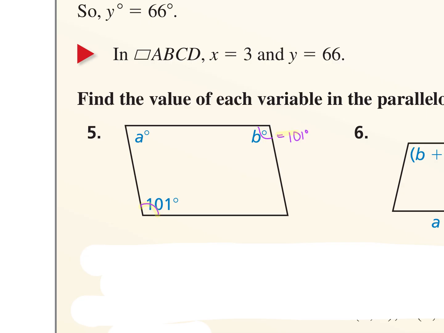And something else we know about parallelograms: consecutive angles are supplementary. I have a pair of consecutive angles right here. So all I'm going to do is subtract from 180. It's going to leave me with 79. So A equals 79 degrees.